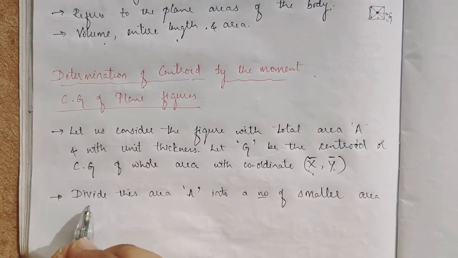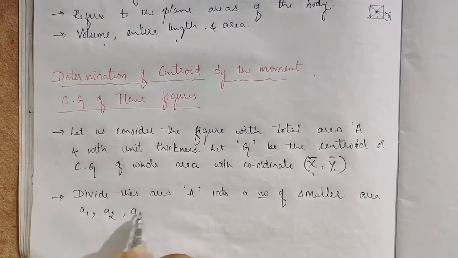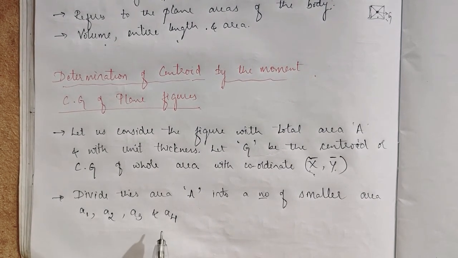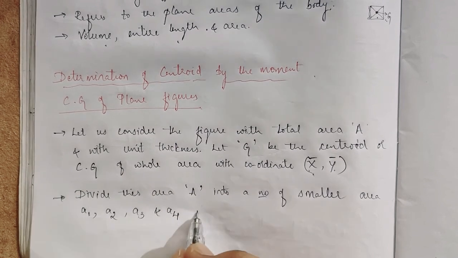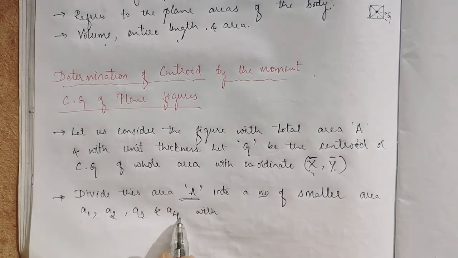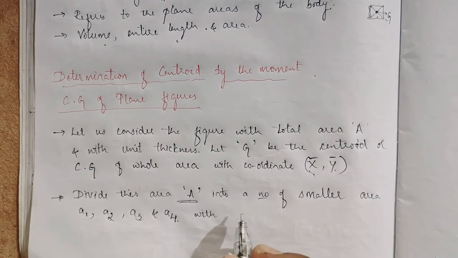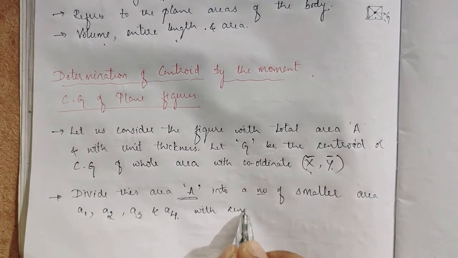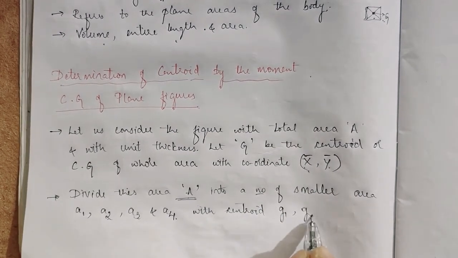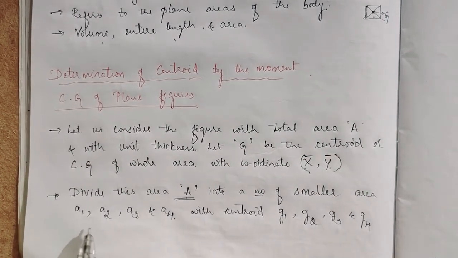Let us take the areas as A1, A2, A3 and A4. We can take up to AN, no problem, but our problem will be lengthy. After dividing the total area A into A1, A2, A3, A4, we will get four different centroids, G1, G2, G3 and G4 respectively.